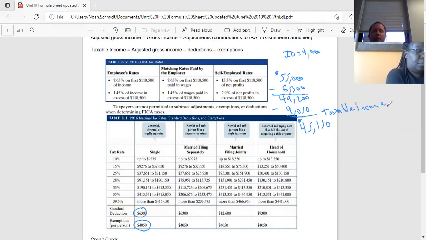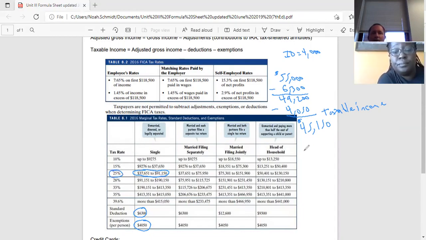Now, at this point, you can start to calculate his income tax owed. So here's the tax table. His income falls in this interval right here, between those two numbers, and anything in that area is taxed at 25%.